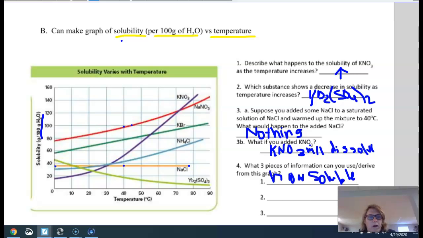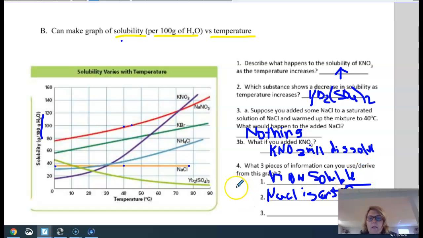The other thing you can derive is that NaCl is constant. It's not changing. It's constant.